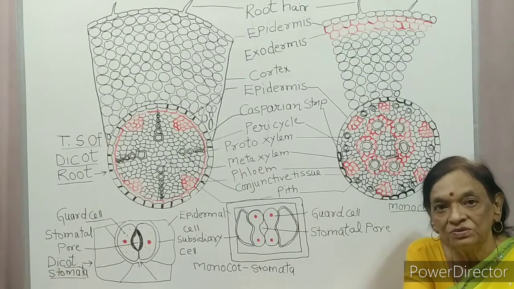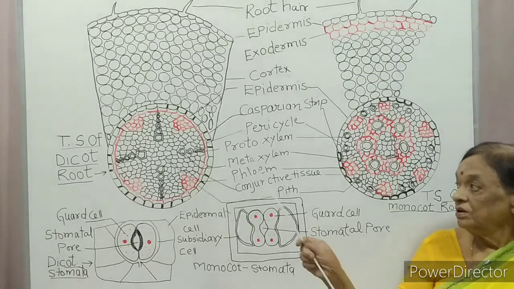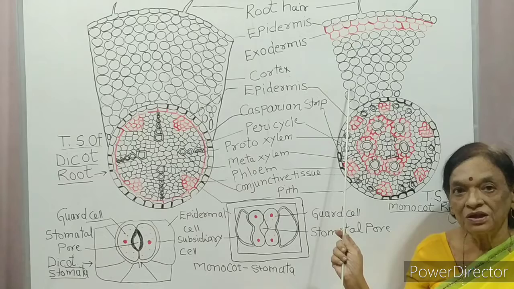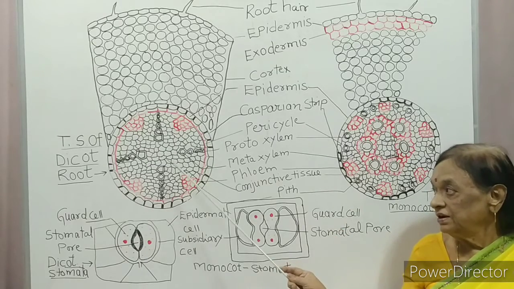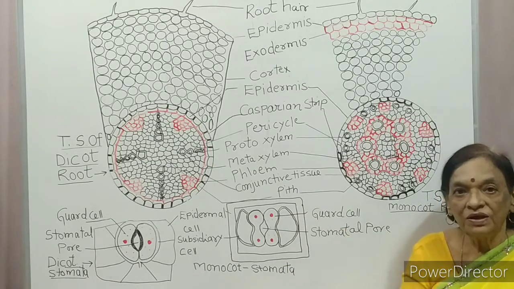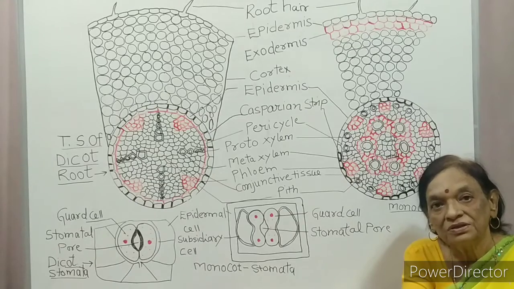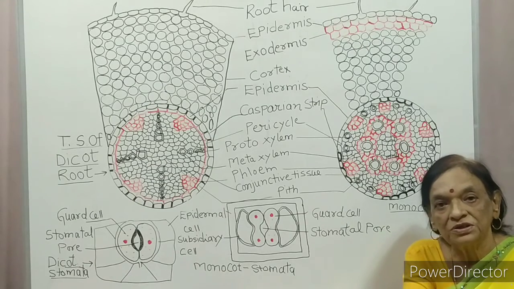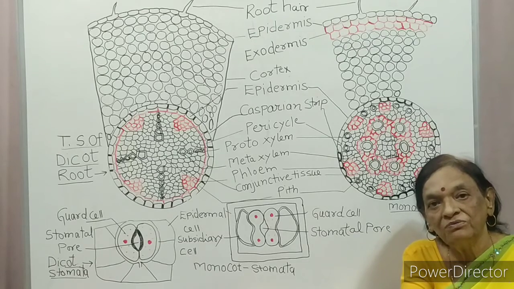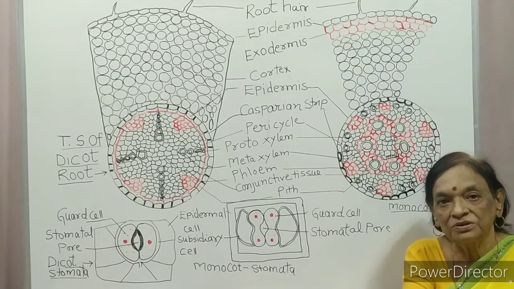After ground tissue system, now vascular system or the conducting system. Vascular system means the conducting tubes, xylem and phloem for food and water transport.